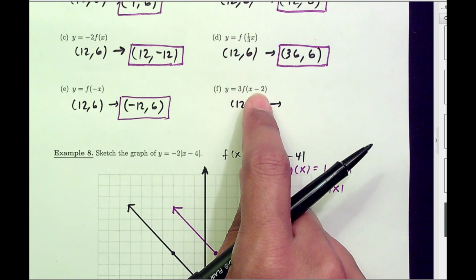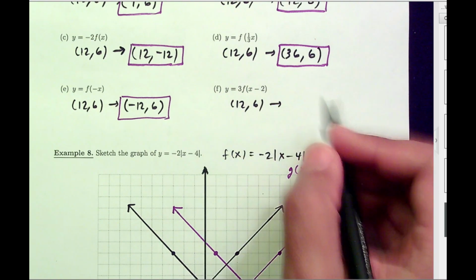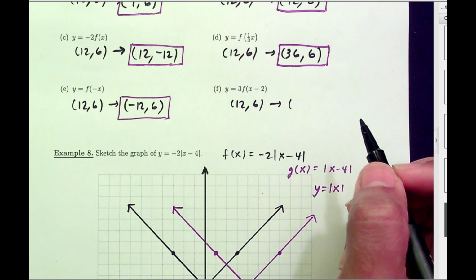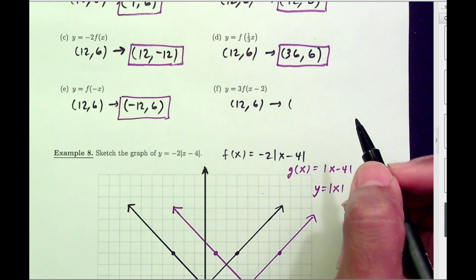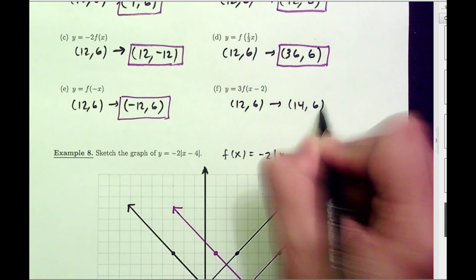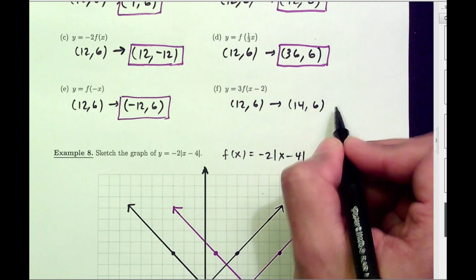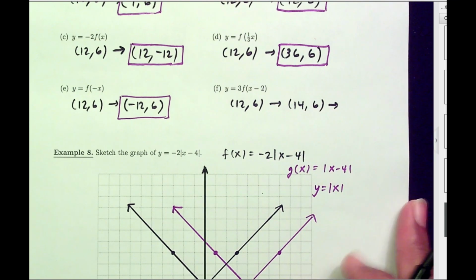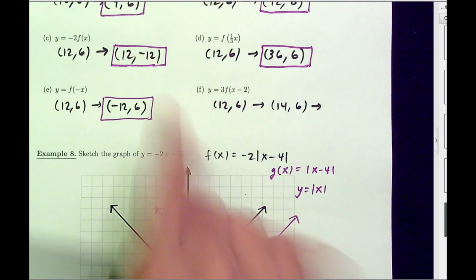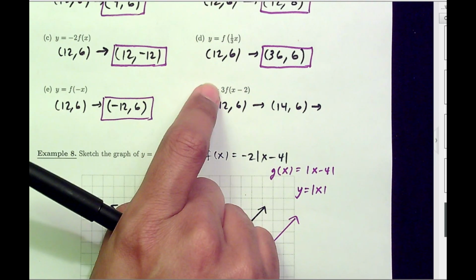Okay, so starting inside, that is a horizontal transformation. So that means in the first step, only the x coordinate gets affected, and you do the opposite. Instead of subtracting 2, you add 2. So that's going to be 14, 6. And now we do the vertical transformation, which is multiply by 3.